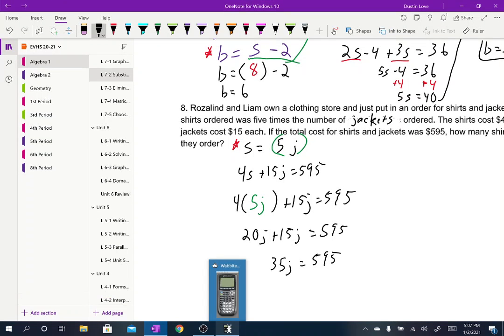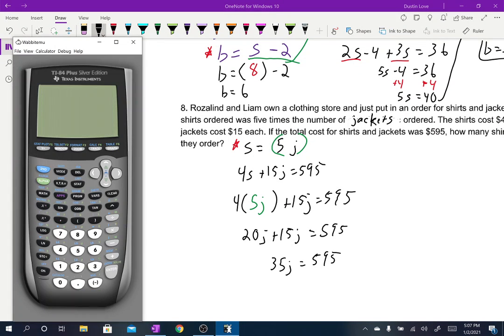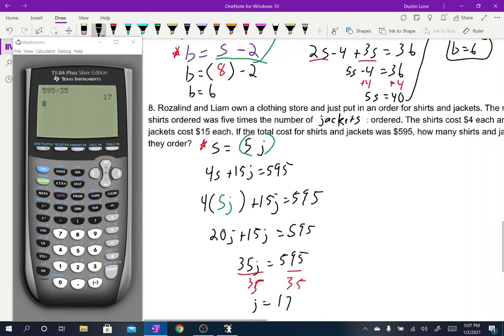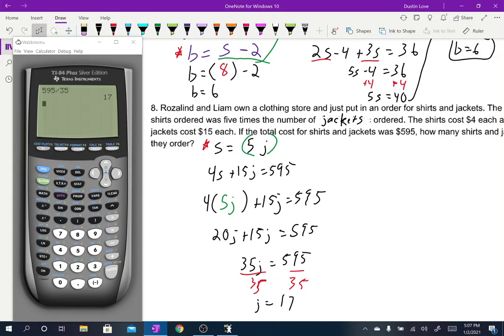And honestly, I don't know that one by heart. 595 divided by 35. Okay. Sorry, I should have said this earlier. We're dividing by 35. Then that gives me J is equal to 17. Okay, now we're going to substitute back into the star equation.